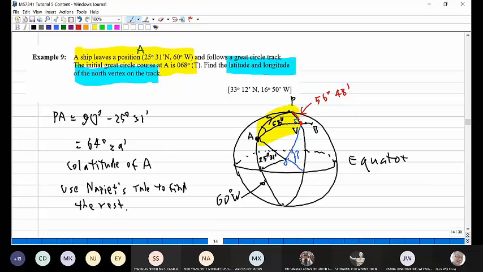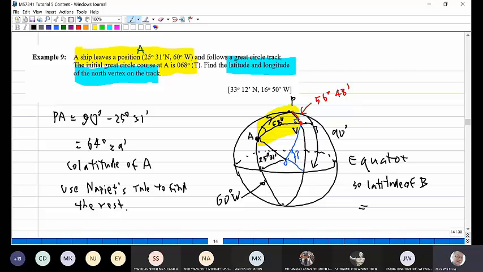So what does it mean now? This is the latitude of B. So latitude of B, okay, right here. We know that from the North Pole to the equator is 90 degrees.